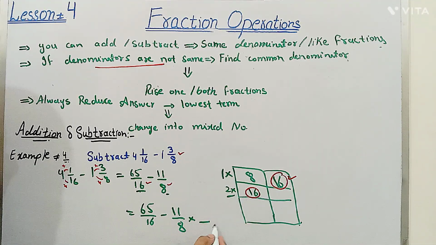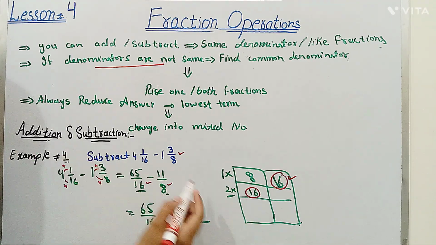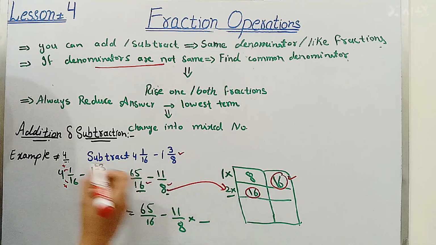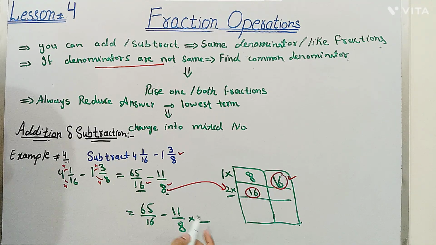Multiply by 2: 8 twos are 16. So we multiply this denominator by 2. As I told you earlier, whatever number I multiply with the denominator, I will also multiply with the numerator.